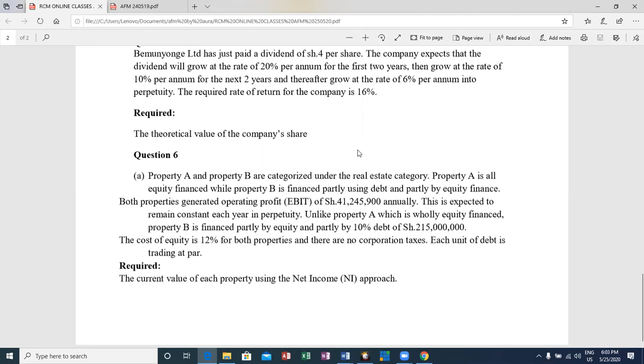But in most cases, these examiners will talk of perpetual cash flows, cash flows received indefinitely, infinity. So when n is infinity, what happens? This term disappears, because infinity will kill this term.